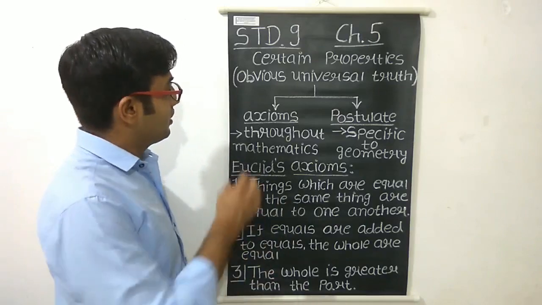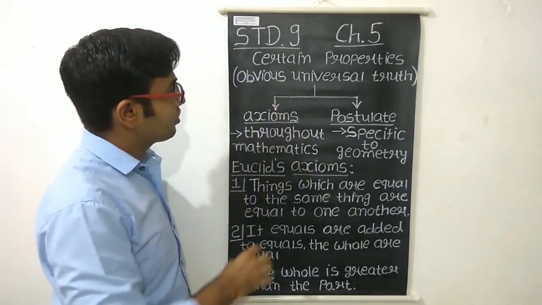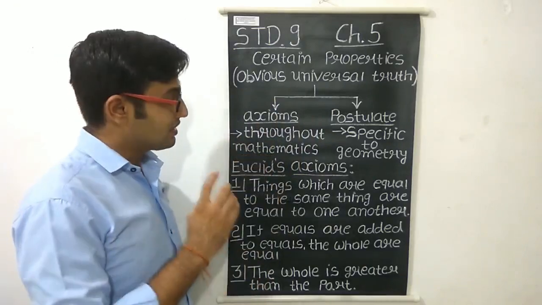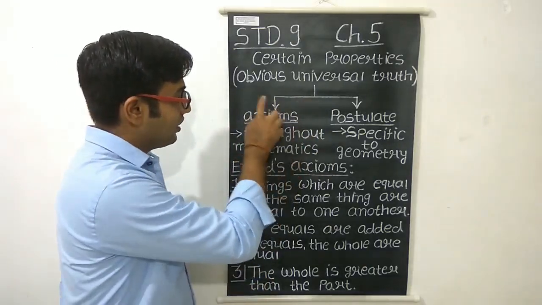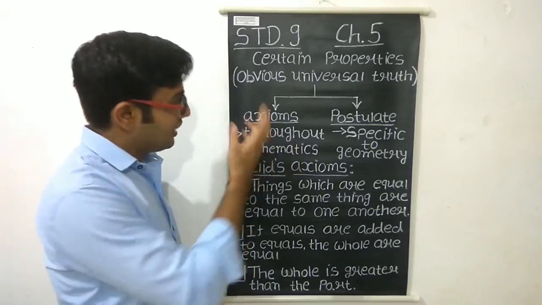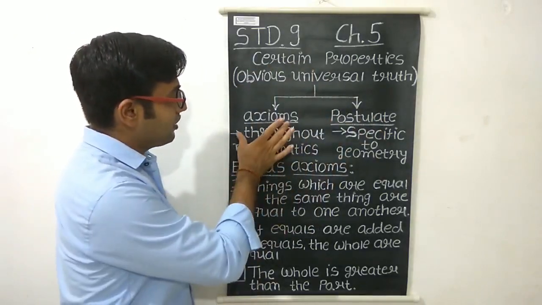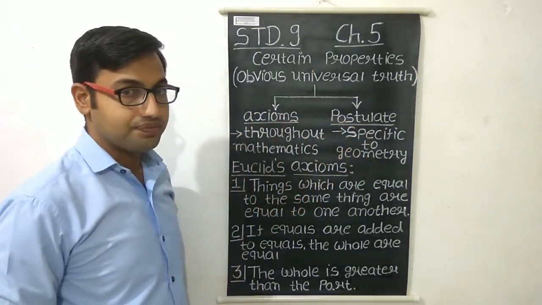Okay, so the obvious universal truths or certain properties that Euclid assumes are divided into two parts. One is called axioms and the second is called postulates. So what is the difference between axioms and postulates?